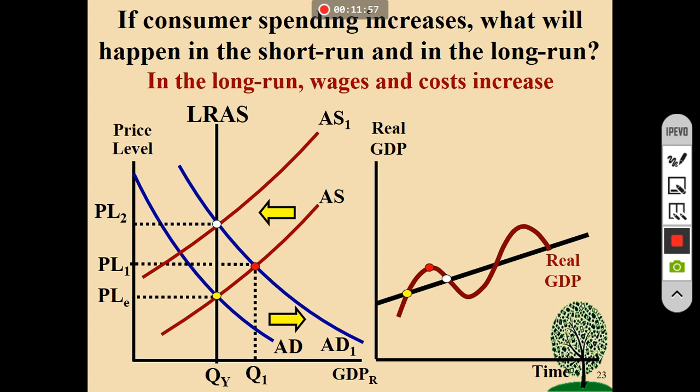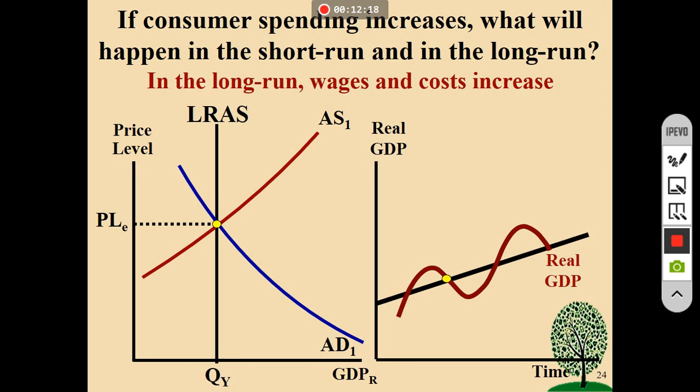That takes us back to our equilibrium output, but we see quite a bit of inflation come out of it. This is why we always have inflation in our economy: we come out here and then move back, and we move up and down the peaks of the business cycle. See how that works? There's multiple things going on. If consumer spending increases, what will happen in the short run and in the long run?